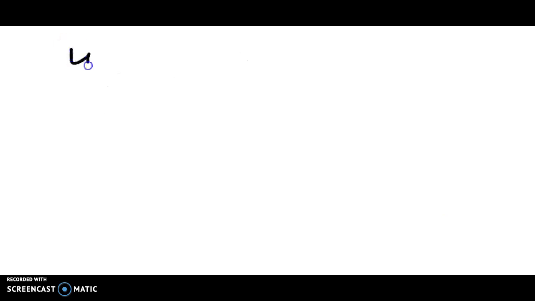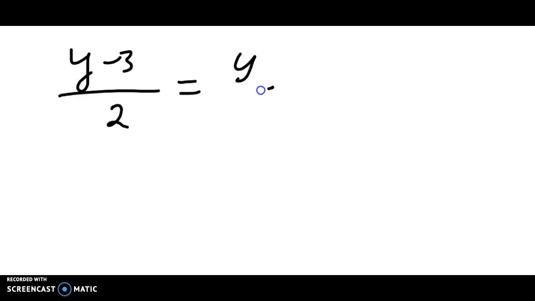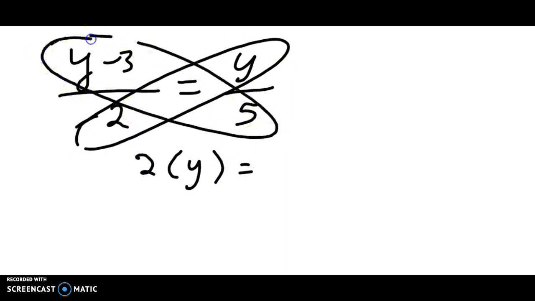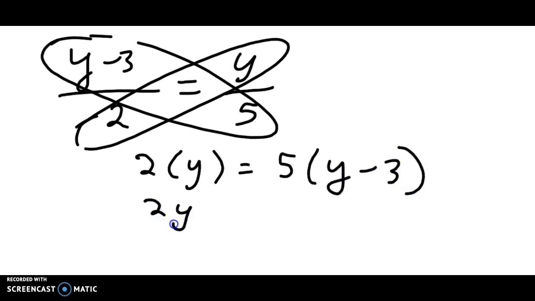So number 3 is y minus 3 over 2 equals y divided by 5. So we're going to say 2 times y equals 5 times y minus 3. So 2y equals 5y minus 15.